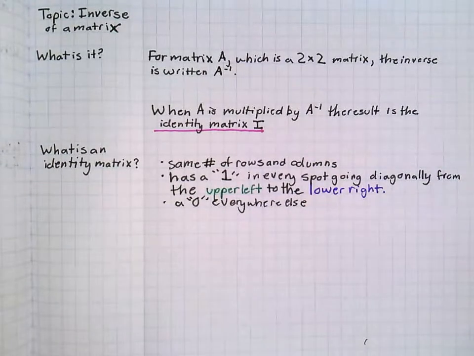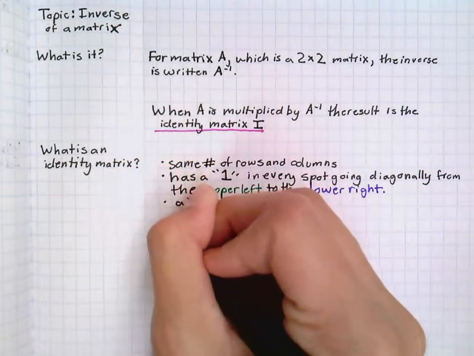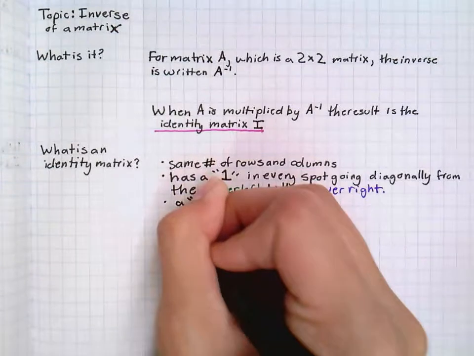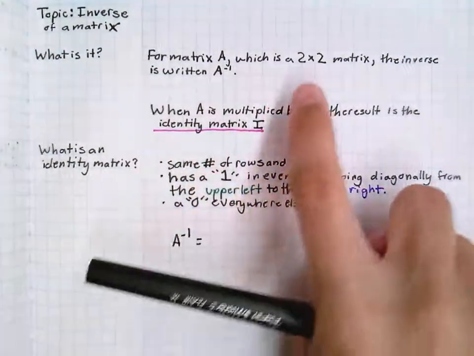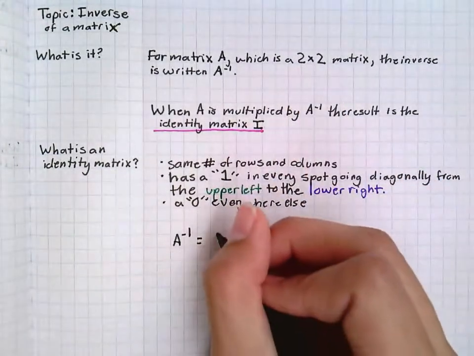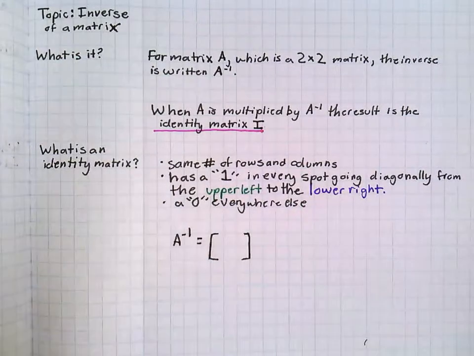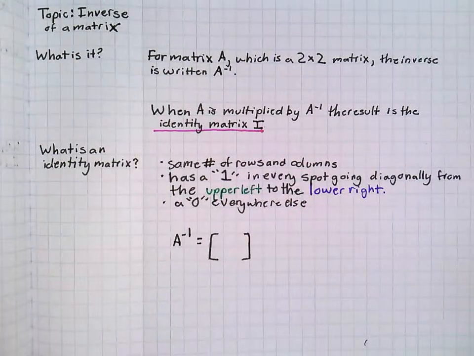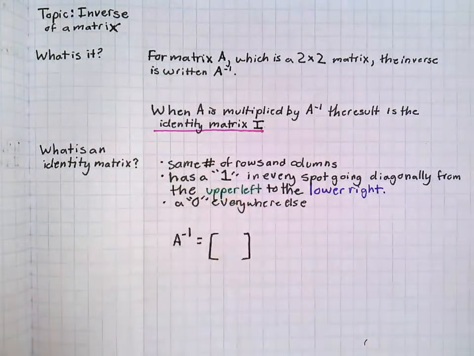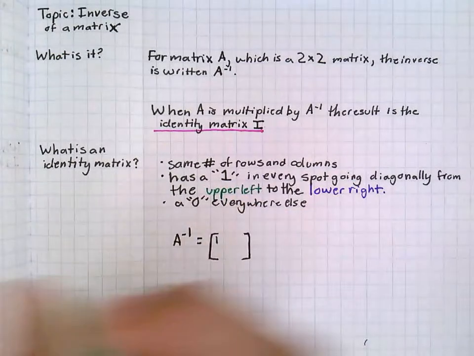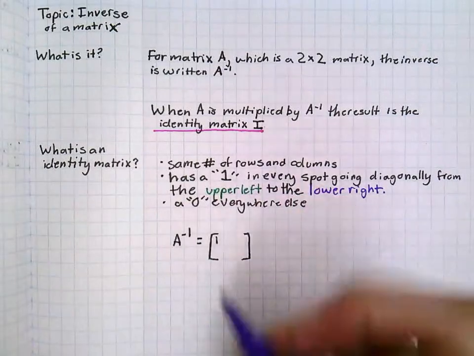You're probably wondering what this would look like. It would look like an A with a -1 in the exponent for the inverse equals a 2 by 2 matrix with a 1 in the upper left and a 1 in the lower right.